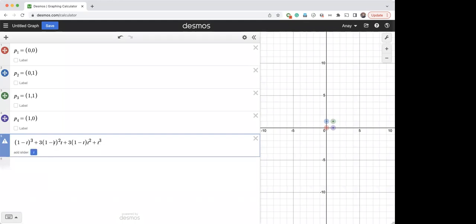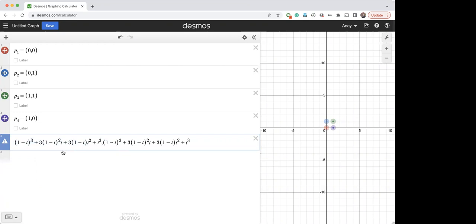And then we do the same thing twice. We say p1 dot x, p2 dot x, p3 dot x, and p4 dot x.